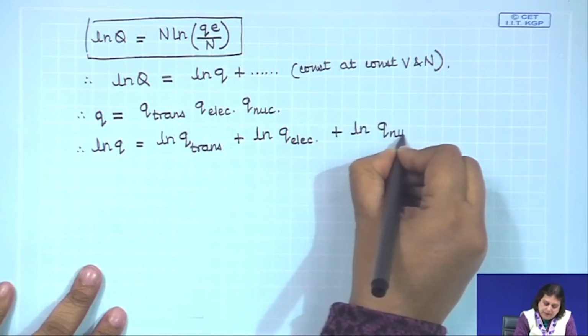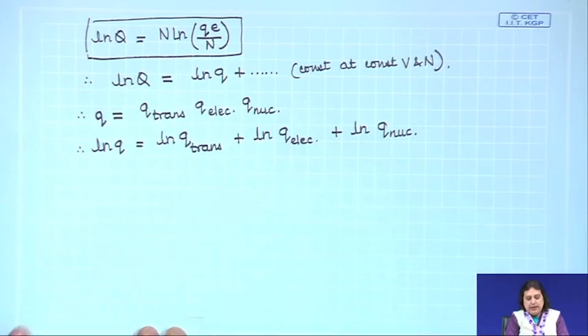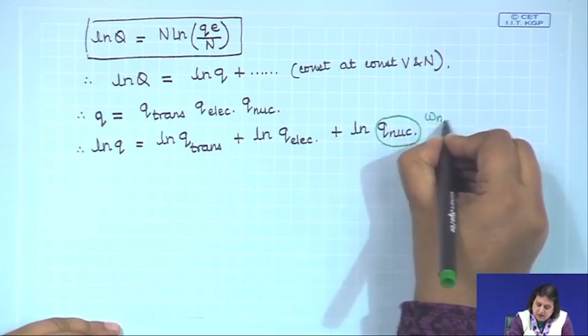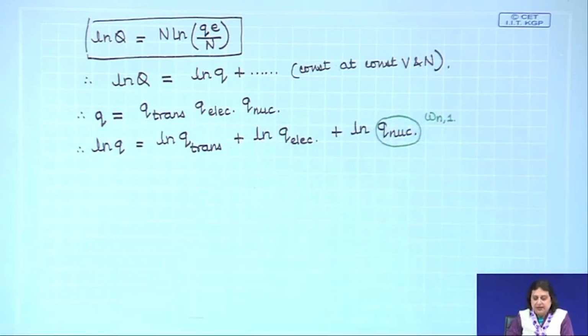Now, in this expression, can I find out where the temperature dependent terms come from? I already know that q nuclear is nothing but the degeneracy of the ground nuclear energy state, which is a constant for a given system.